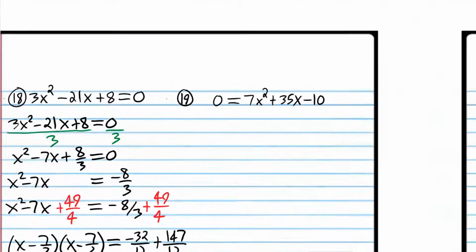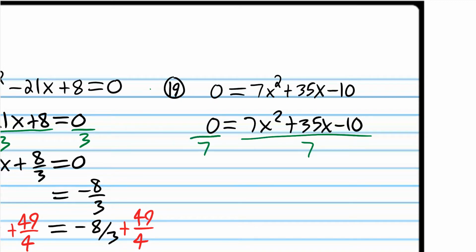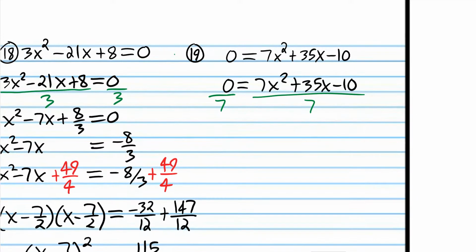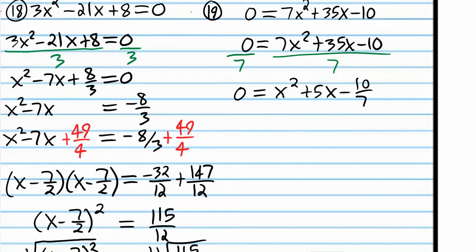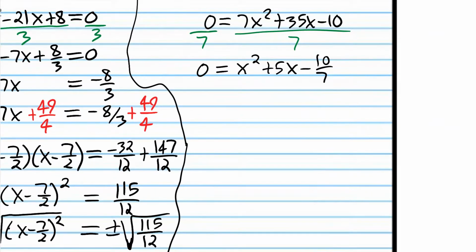All right, we're back. So as usual, the first thing we need to do is get rid of that coefficient on the x squared term. And we're going to take the 10/7 and put it on the other side.